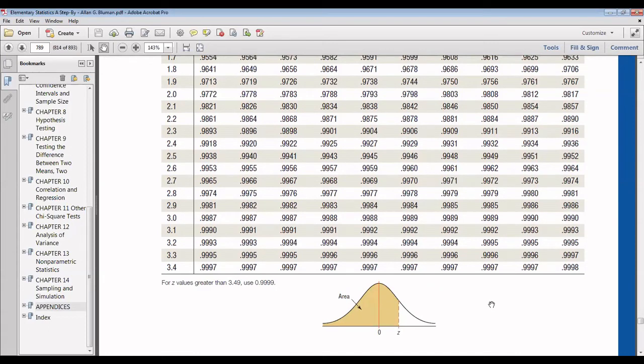So ano yung area to the right ng 2.92? Minus mo lang yan: 1 minus 0.9982 is 0.0018. Is 0.0018 less than 0.05? If the answer is yes, then that's the time we can say that it is significant.